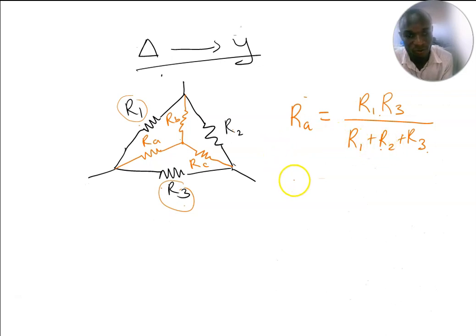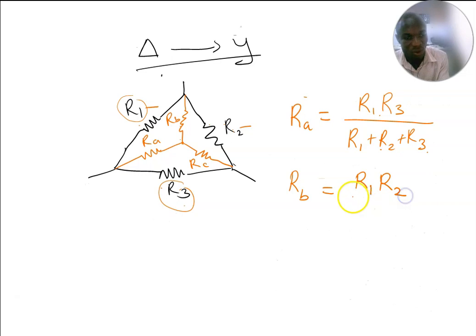If I want to find, let's say, RB, what are the adjacent resistors? If you said R1 and R2, then you are right. Those are the resistors closer to RB. So it will be the product of R1 multiplied by R2, all divided by the same denominator, the sum of all the external resistors, R1 plus R2 plus R3.